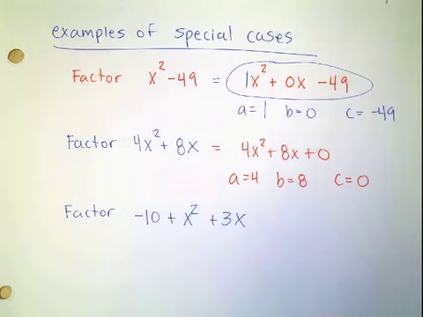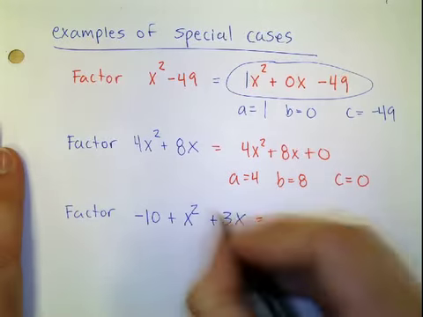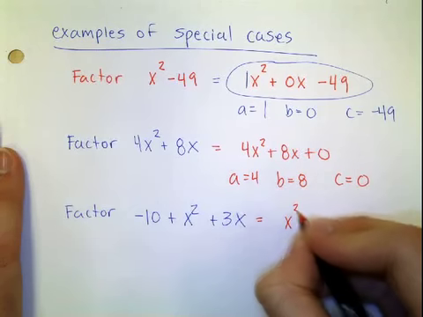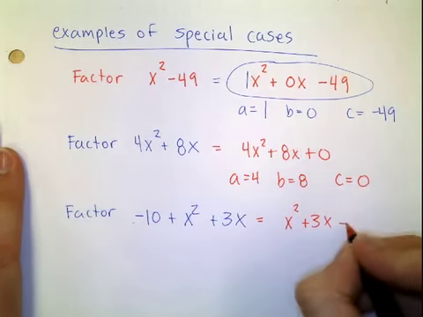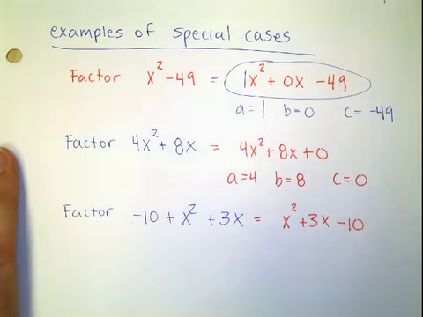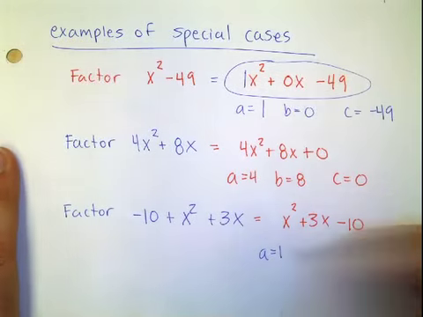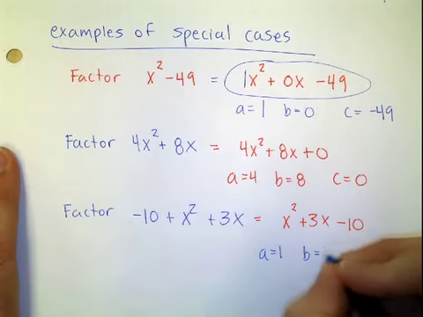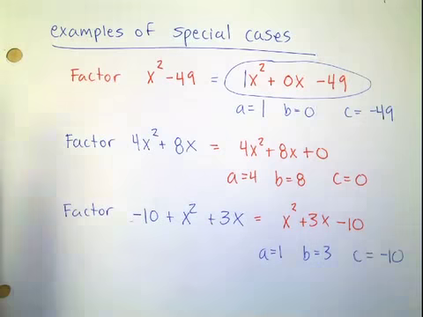So this one just needs to be rearranged. If you want to make it look a little better, put the x squared first, then the plus 3x, and the minus 10 goes on the end. Then it's in the order that we're all used to. And so you'd say, okay, A equals the number with the x squared, so 1. B equals 3. And C equals negative 10. And it would be factorable.